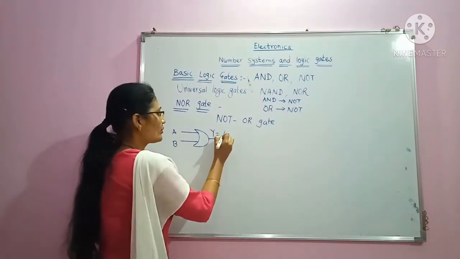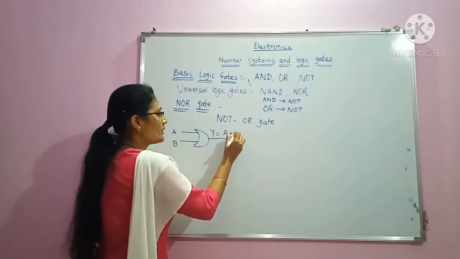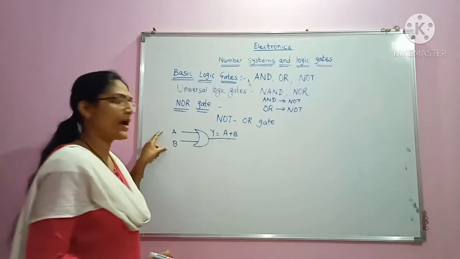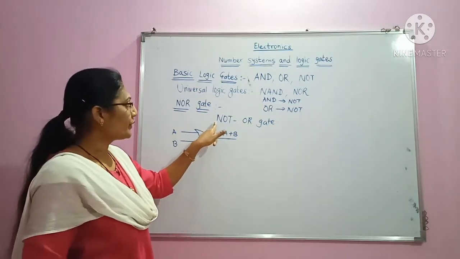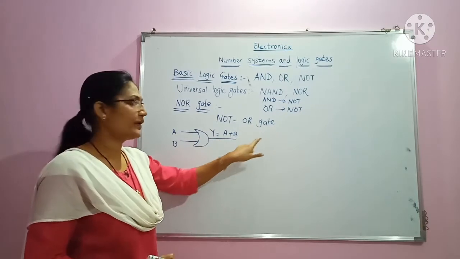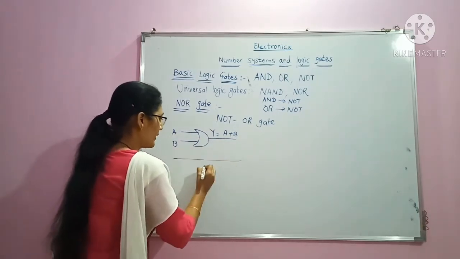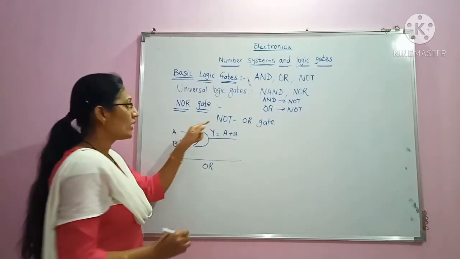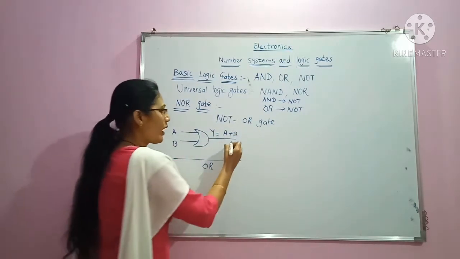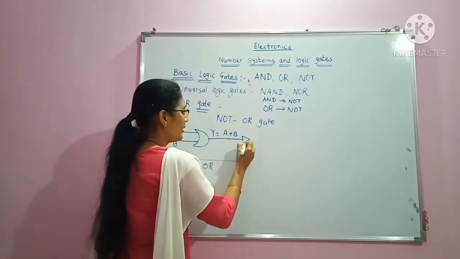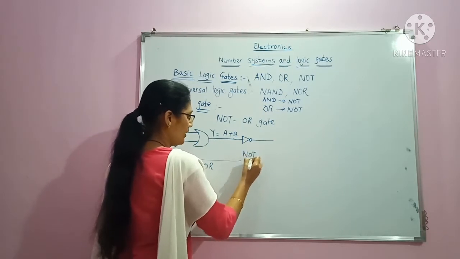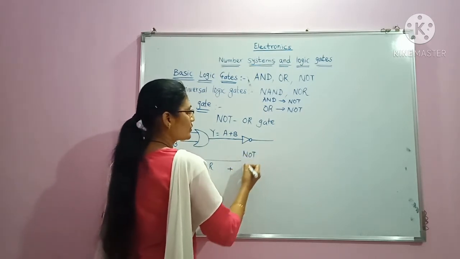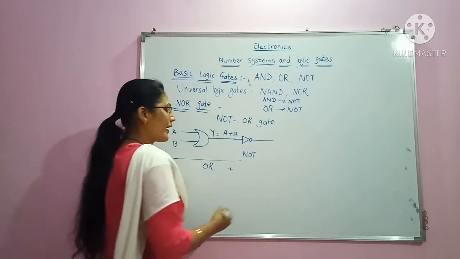That is, we have to add A plus B, we have to add both the inputs. Now here we want NOT OR gate. This part is the OR gate, and for NOT OR, I have to add a NOT gate. Here I have added a NOT gate.